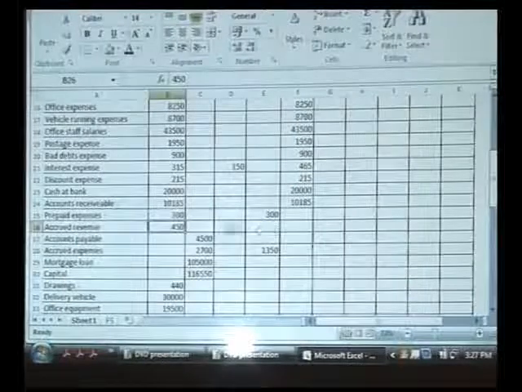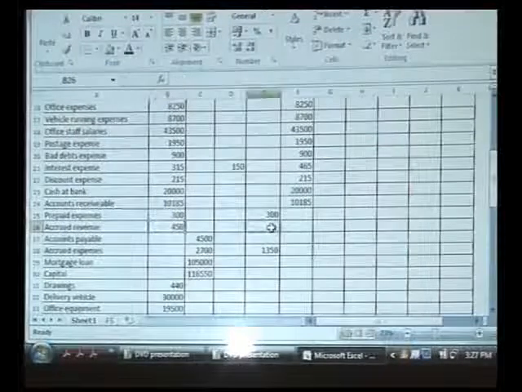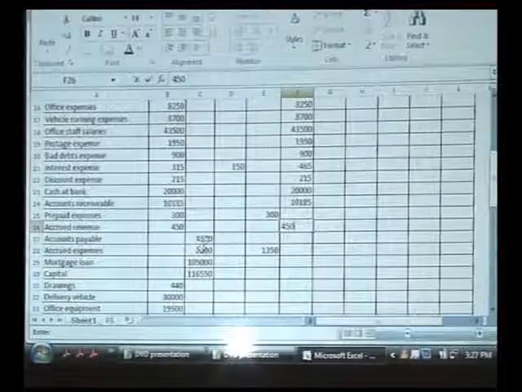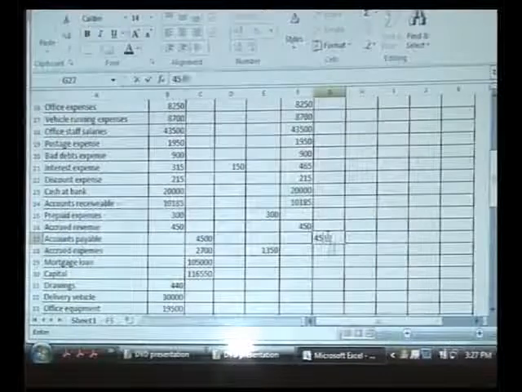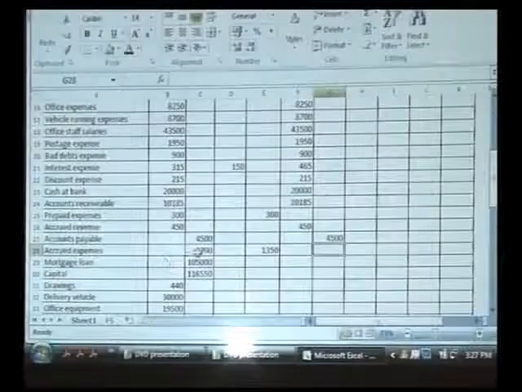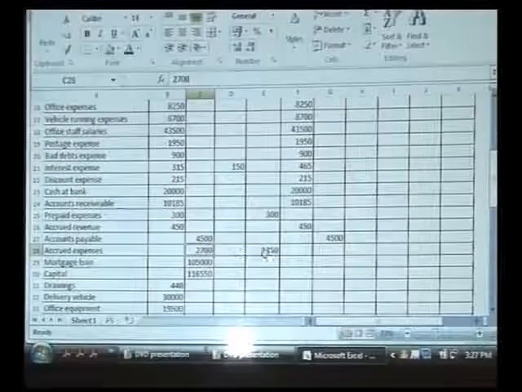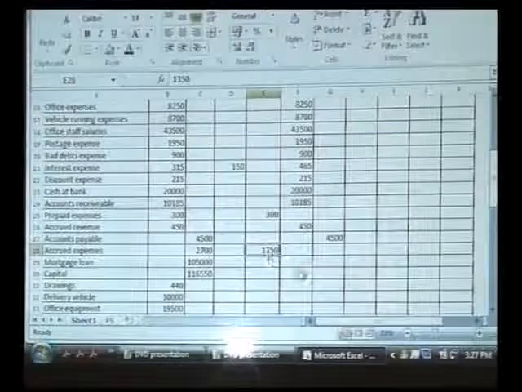450 accrued revenue, amount receivable, so then no change. 450. Accounts payable, no balance, no change. Here accrued expense, 2,700 credit and 1,350 credit.